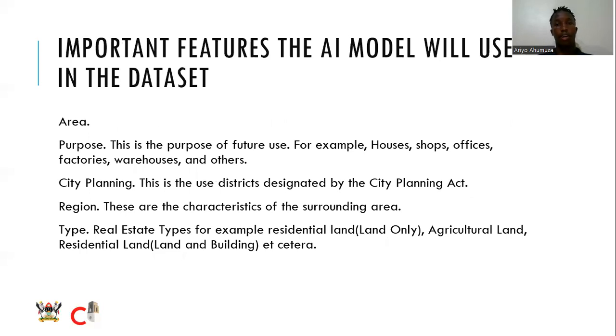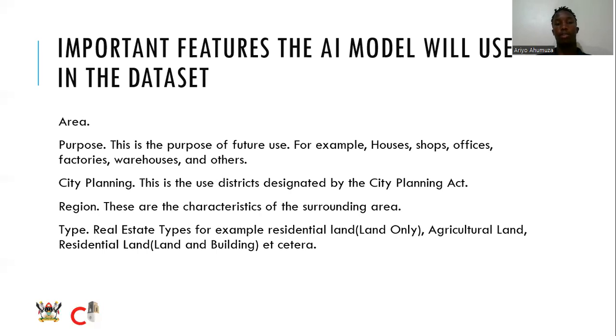Important features the AI model will use in the dataset: area, purpose of the housing and land for future use, and city planning. These are the districts designated by the City Planning Act of Japan. It could be residential areas, industrial areas, such and such.